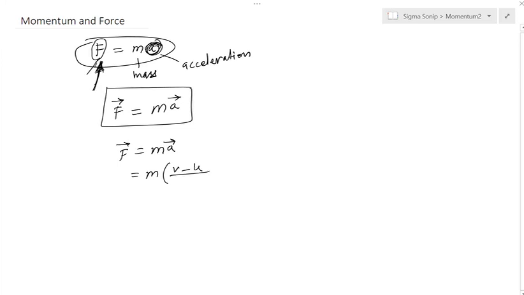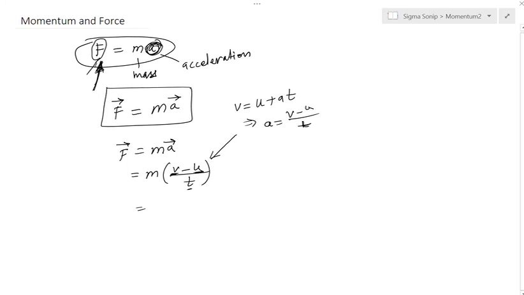This follows from our first equation of motion, v equals u plus at. By rearranging this equation, we can see that a equals v minus u divided by t. Now in this equation, v is the final velocity, u is the initial velocity, and t is the time taken for this change in velocity.